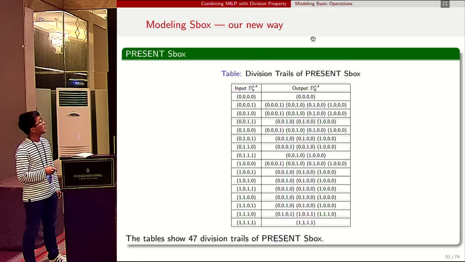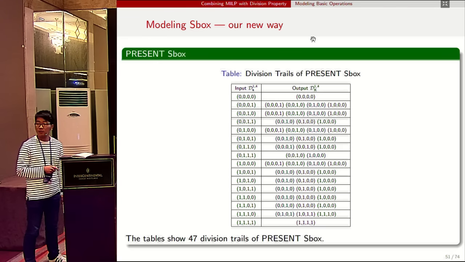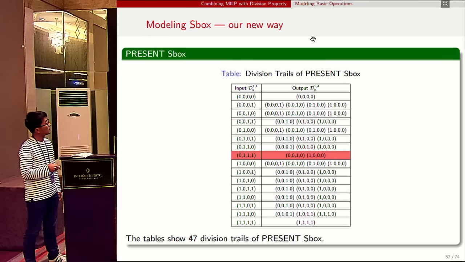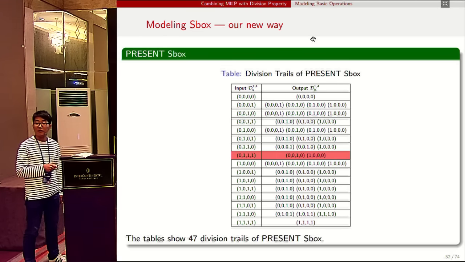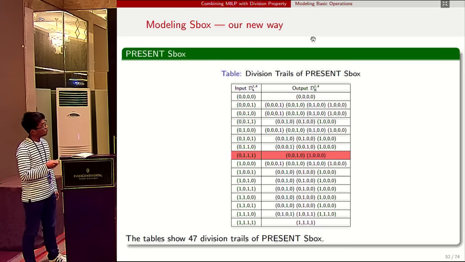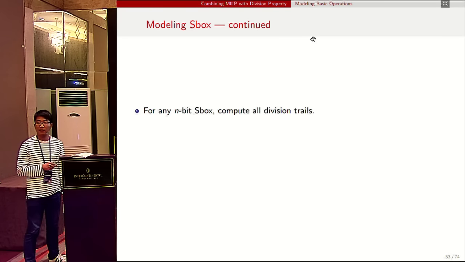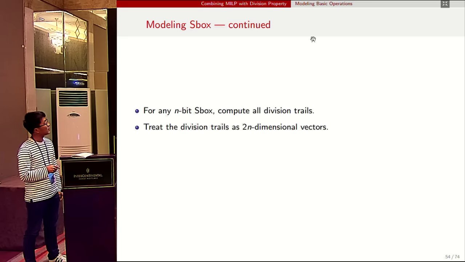Based on this algorithm, we can compute the division trios for the PRESENT S-box. These are the 47 division trios we found for the PRESENT S-box. The entries marked with red are the 2 division trios we computed in the example. Now for any n-bit S-box, we can compute the division trios by the algorithm, and then we treat each division trio as a 2n-dimensional vector.